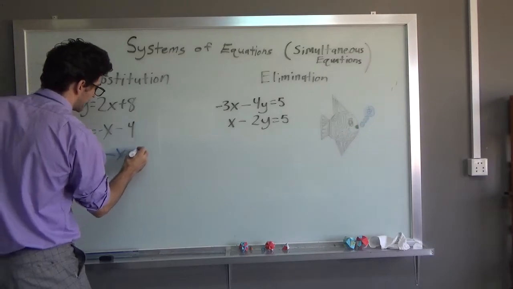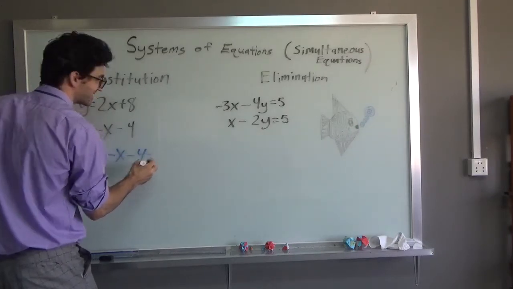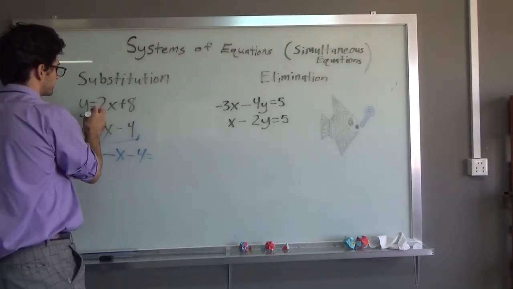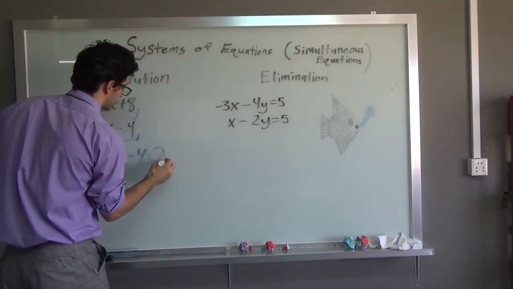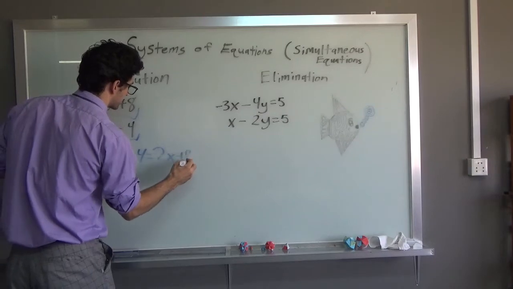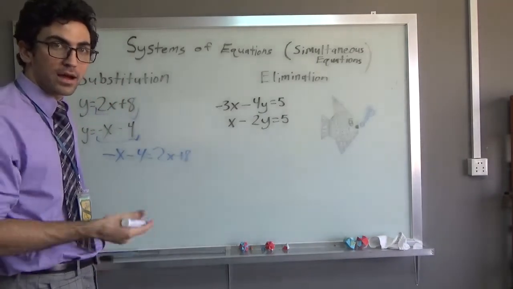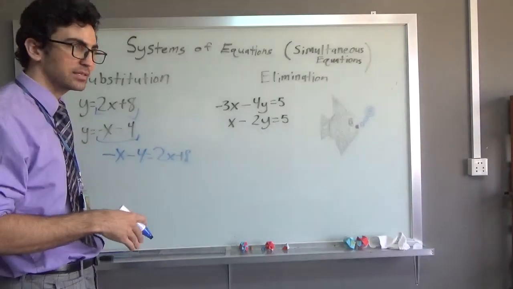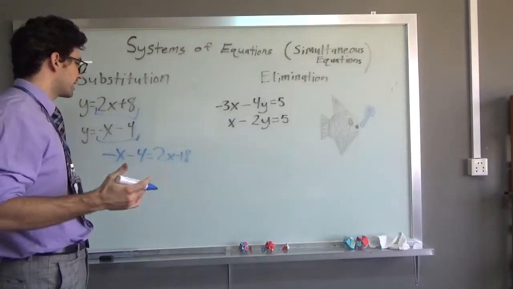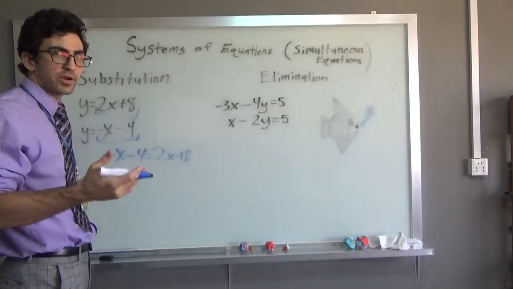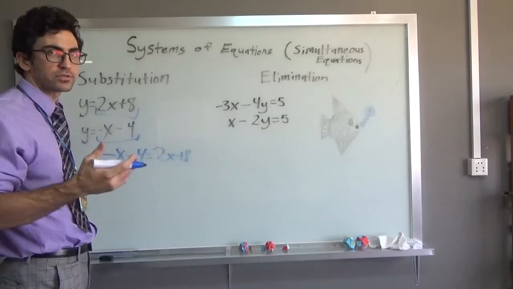Negative x minus 4 is equal to 2x plus 8. Now that we just have x's and constants, we can use algebraic manipulation in order to solve for x.